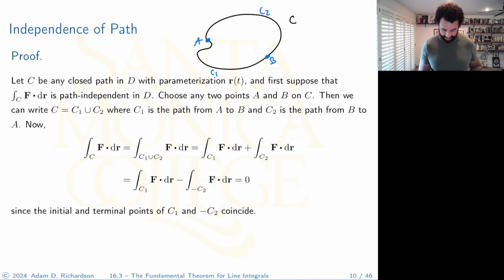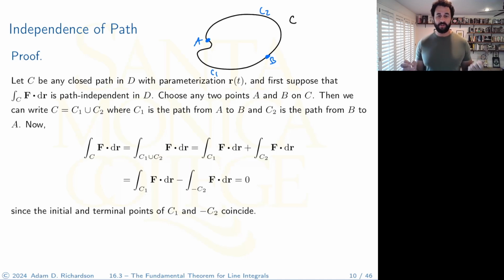However, remember that the initial and terminal points of C1 and negative C2 coincide. The initial point of C1 is A, and that is now going to be the initial point of negative C2. So here's C1 and here's negative C2. The initial and terminal points coincide on these two curves.